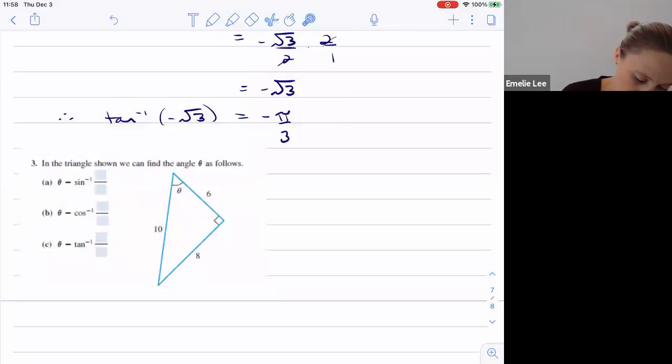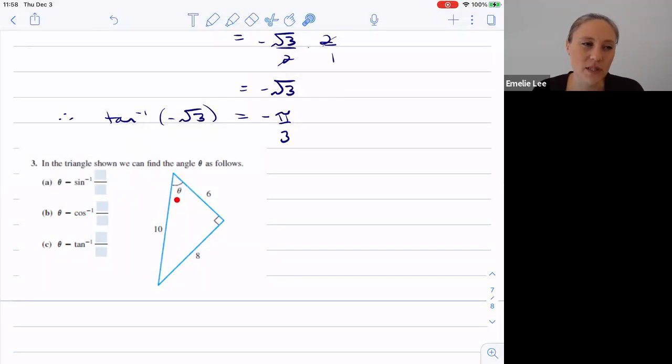Okay. So if we have some right triangle here, and I have theta up in this corner, then what we're saying is that the sine inverse of some value is equal to theta. But sine, remember, is opposite over hypotenuse. So sine inverse of 8/10 is equal to theta. You can just put those values in here, 8/10.